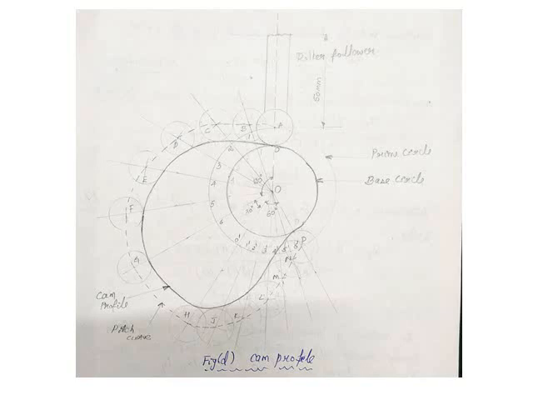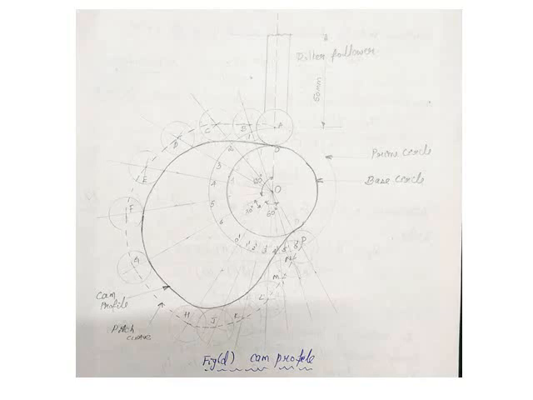Once the base circle has been drawn, next we need to draw the prime circle. The prime circle is again drawn with center O, but its radius will be greater than that of the base circle. How much greater? It will be the radius of the cam, 25 mm, plus the radius of the roller.